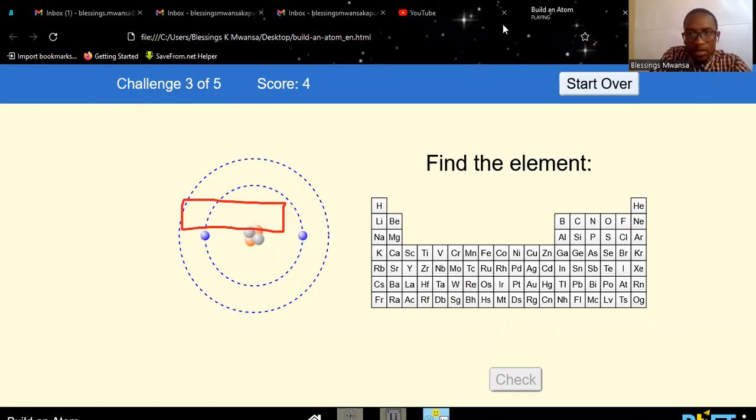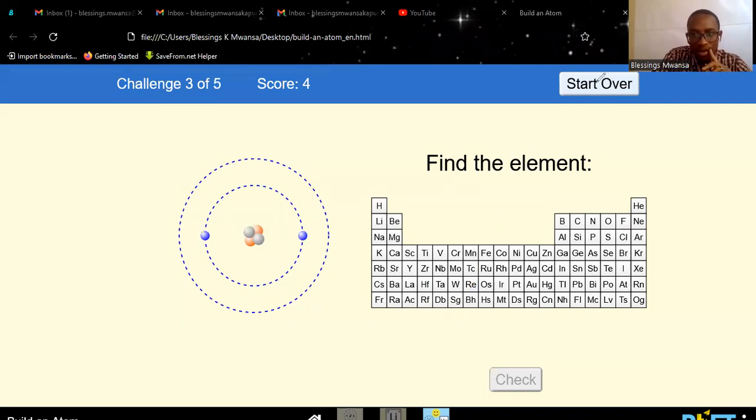Find the element. So now this is yours. What element are we dealing with, looking at what is given? The first thing you have to do is identify the number of protons. How many protons do we have? So we have 2 protons, correct. So we'll go for the one with 2. 2 is helium.